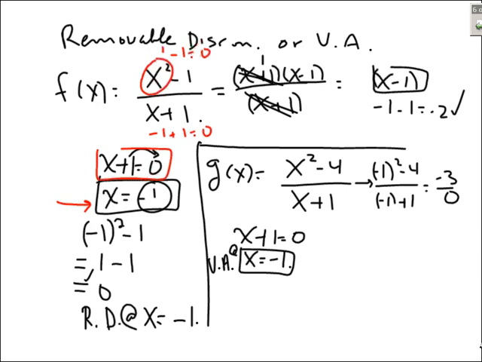Since we got 0 over 0, we have to investigate further. And what we discovered was when we factored out the x plus 1, we crossed them off, and then you had x minus 1. And when we plugged negative 1 in there, we got back a nice answer. That's what made it removable discontinuity. We've removed the discontinuity. We removed the bottom from being 0.